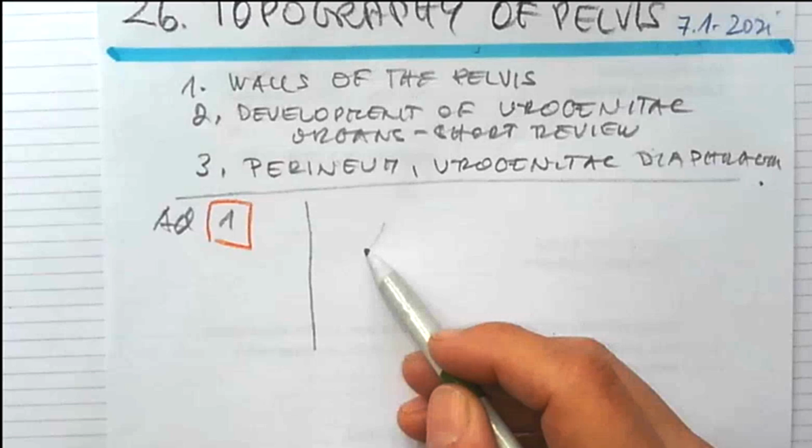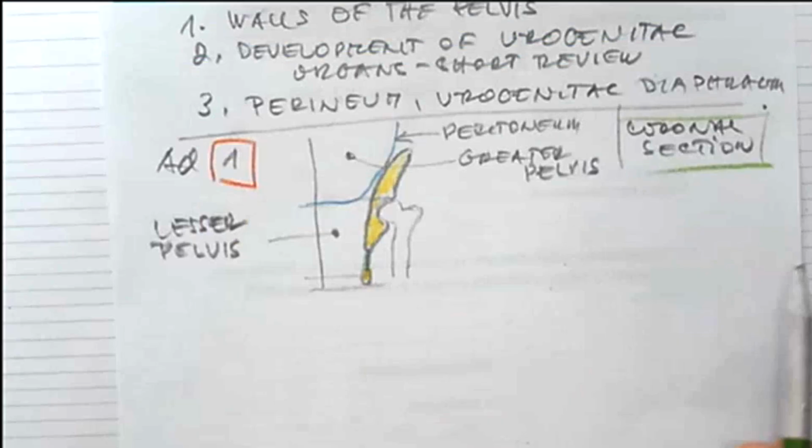So from now onwards we will speak about the lesser pelvis, the cavity, because the organs are infraperitoneal, because the peritoneum here clearly explains the whole situation.